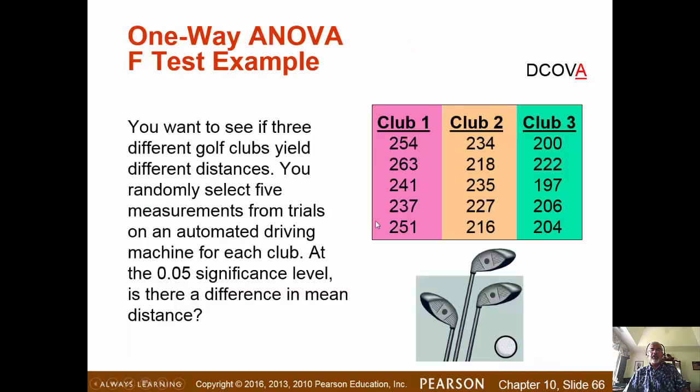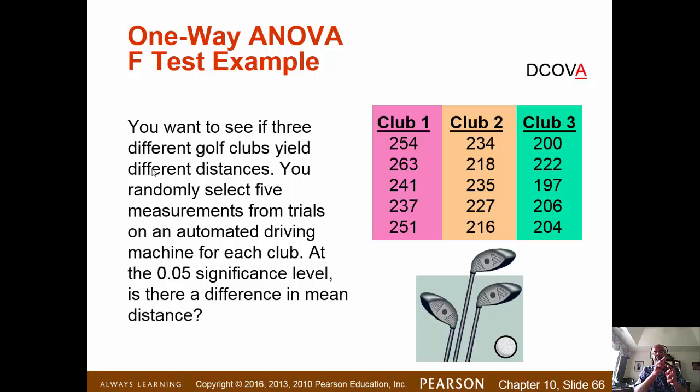So here is a worked-out numerical example in your PowerPoint where we have 3 different golf clubs and we want to compare driving distances, whether there is any difference between the clubs. Here the factor is golf club, and there are 3 different treatment levels: golf club 1, 2 and 3, and the response variable is the driving distance.